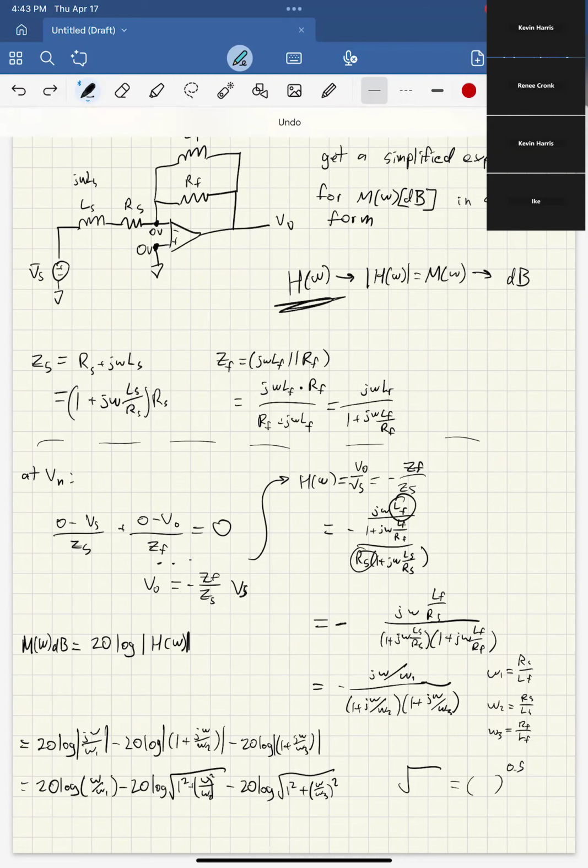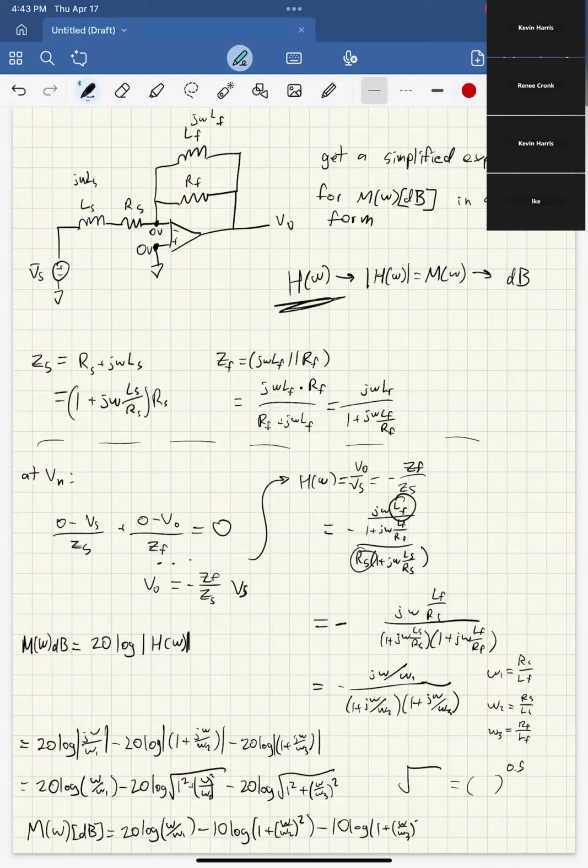And the final answer, the magnitude in decibels, is equal to 20 times the log of omega over omega 1, minus 10 times the log of 1 plus omega over omega 2 squared, minus 10 times the log of 1 plus omega over omega 3 squared. This would be your final answer. It's a long process, but none of it is too complicated, right?